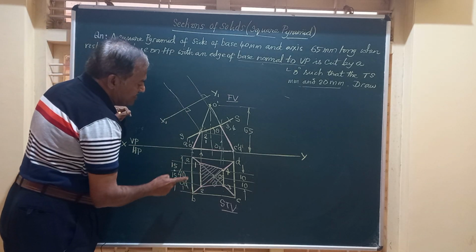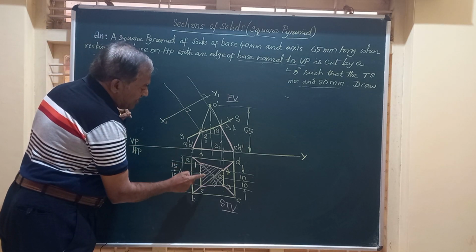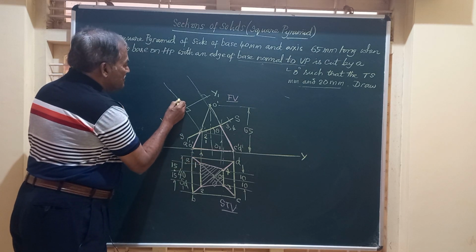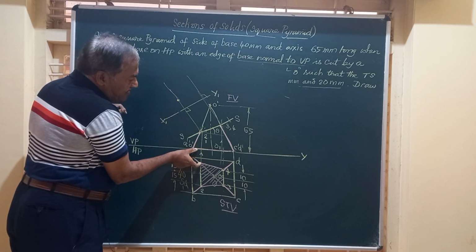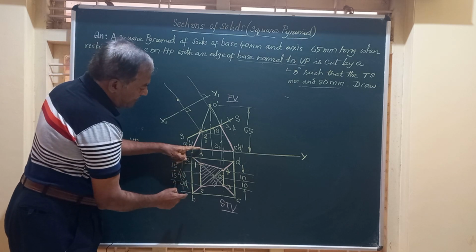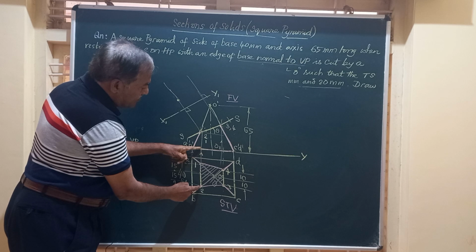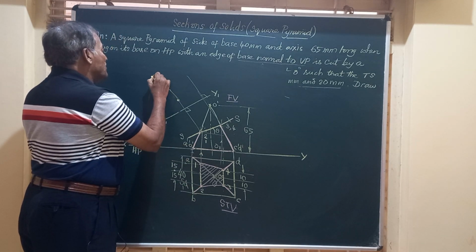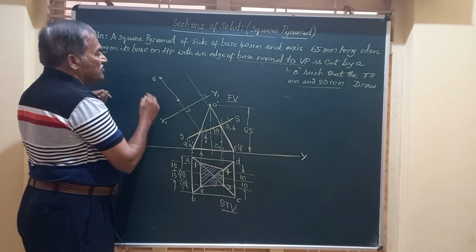How to get them, friends? Suppose I want to mark 1 and 2. I should take one distance from here. So this distance 1 from XY is to be marked here. Similarly from here to here, the 2 distance is to be marked on the same. So I am going to mark 2 here. 1, 2.